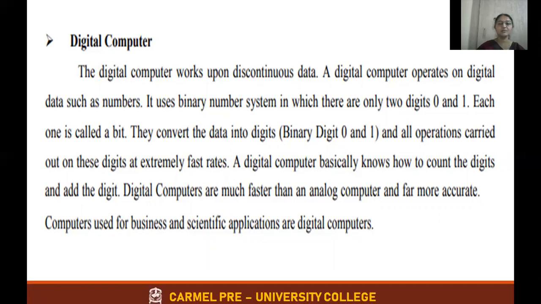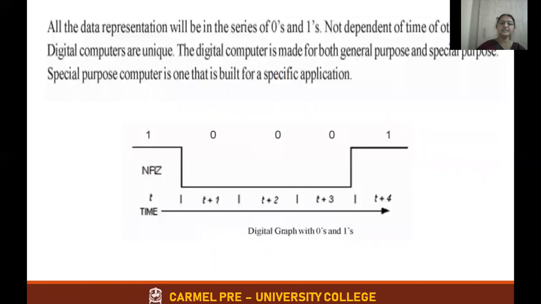With analog computers we can expect only approximate results, whereas here it is more accurate. Computers used for business as well as scientific applications are all digital computers. Here all the data representation is in a series of zeros and ones, not dependent on time or any other values.